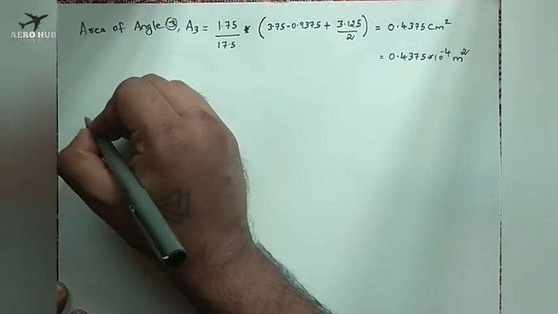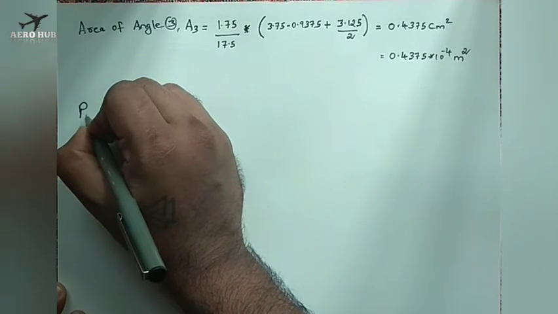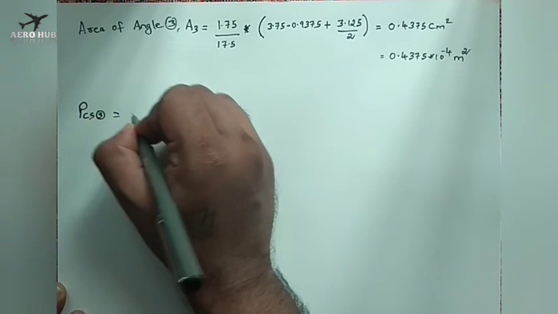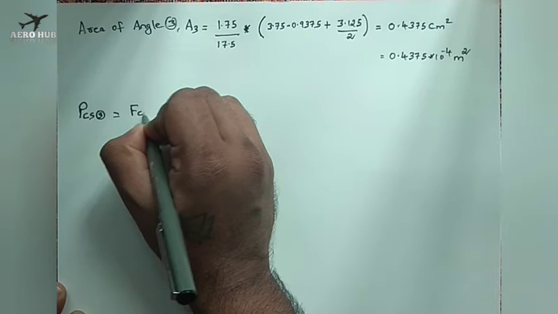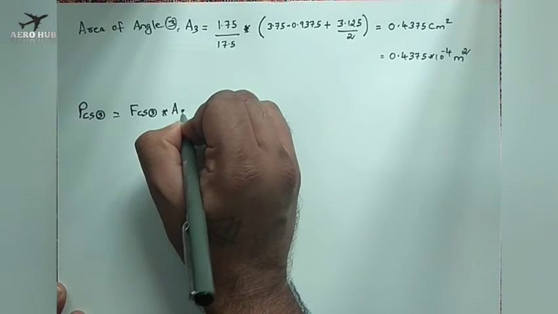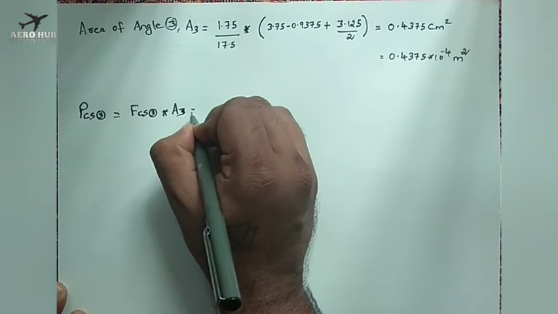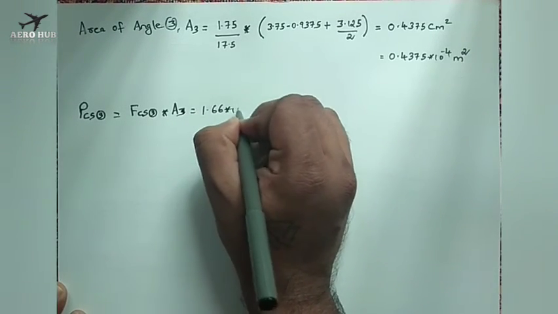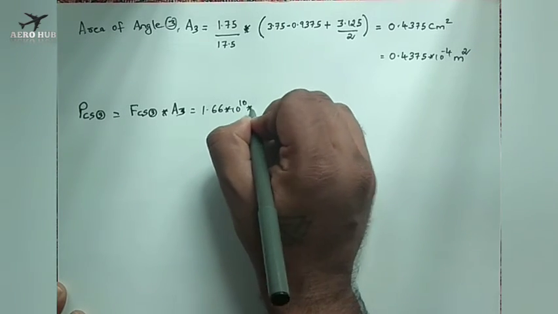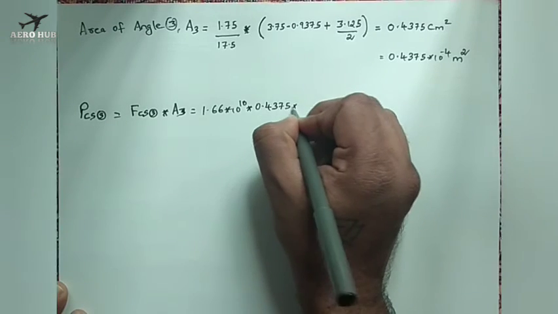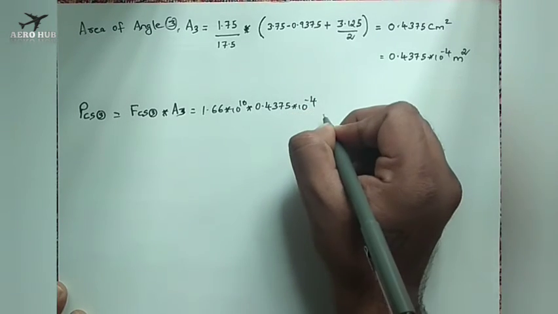Now the value of crippling load of angle 3 will be equal to the crippling stress of angle 3 into area A3. So this will be equal to 1.66 into 10 power 10 into 0.4375 into 10 power minus 4.